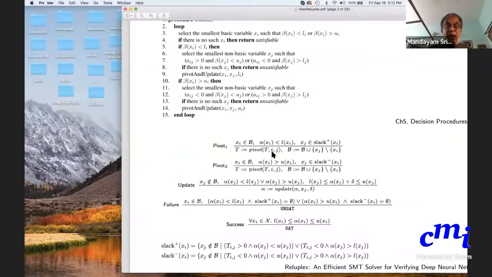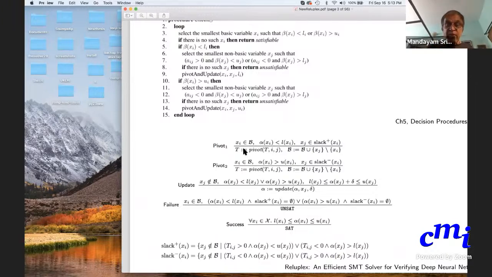That's how it is. So the update, as you can see, is always done on a non-basic variable.